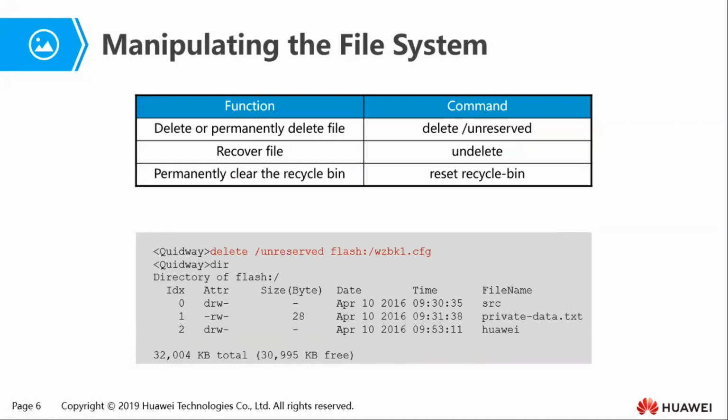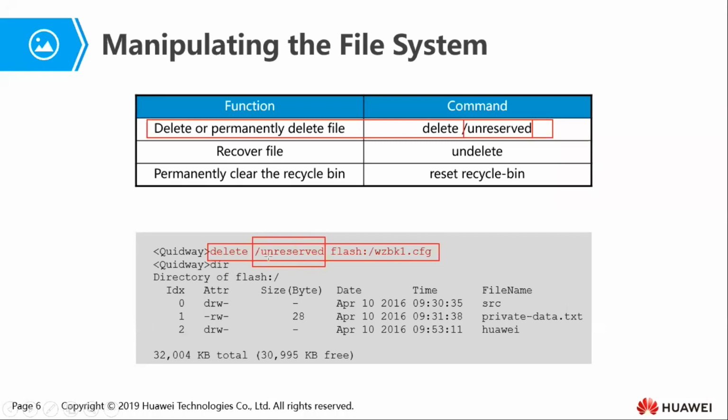So the delete command is used to delete a file. When you use the delete command together with the unreserved option, it will be deleted without going to the recycle bin. This particular example uses the unreserved option.